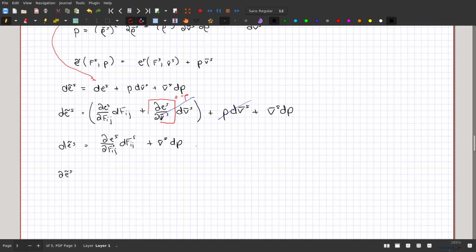So then from this relationship, we can see that partial E tilde partial F_ij of S. So basically, I'm going to divide this equation by dF_ij holding P fixed.